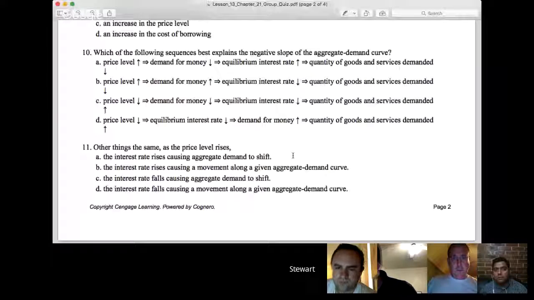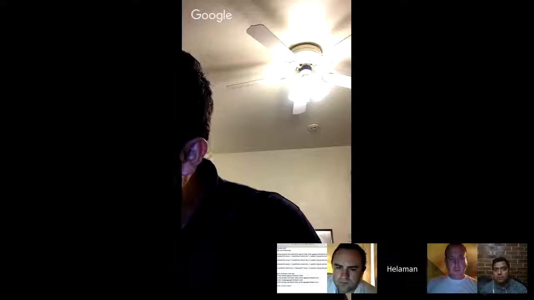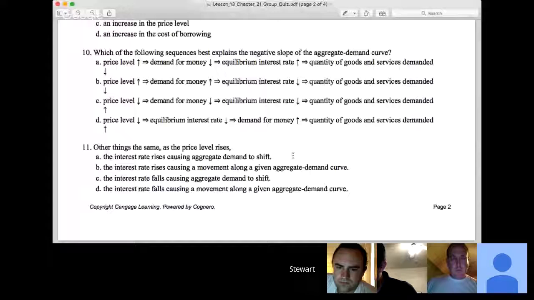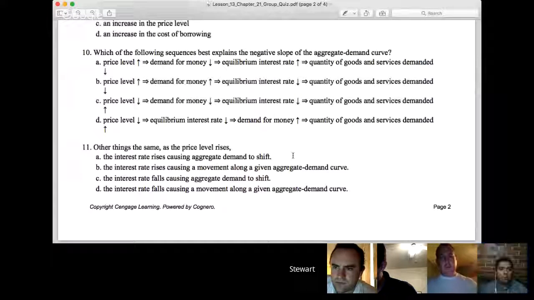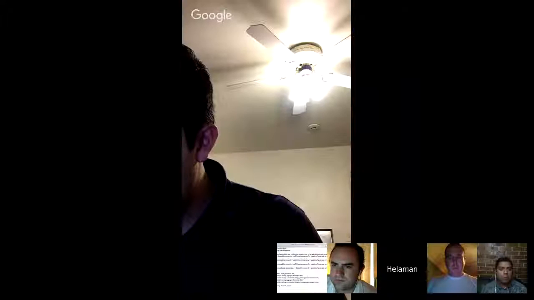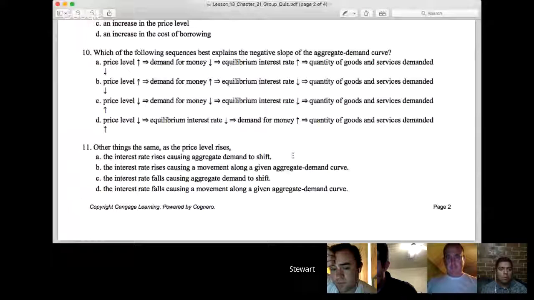The reason it's tough is that when I look at page 463, other things the same as the price level rises, the interest rate rises, causing the aggregate demand to shift.